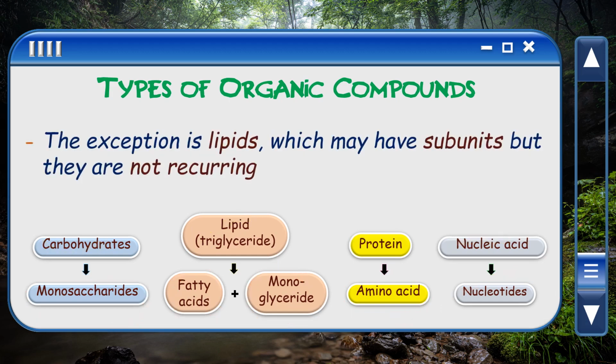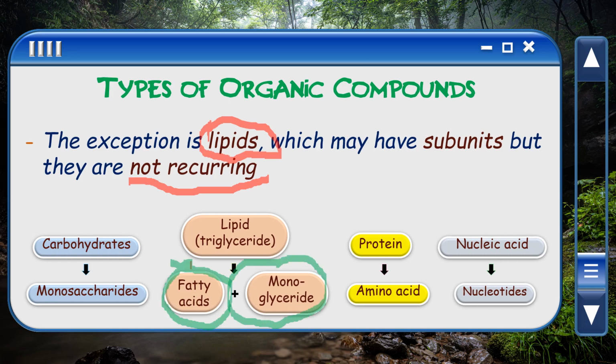Now, the exception is of lipids. Lipids are made up of subunits, but they are not reoccurring. These subunits of lipids are not reoccurring. When you look at the lipids, they are made up of fatty acids and glycerol, or what we call monoglycerides.